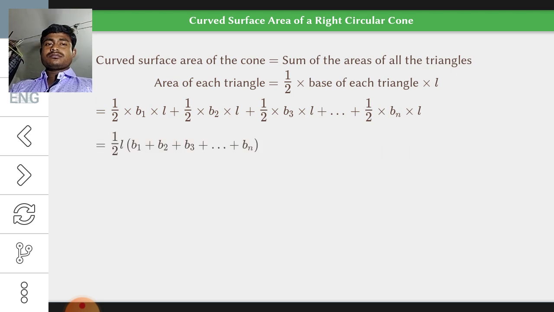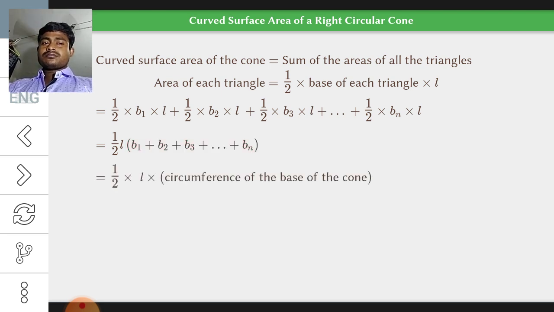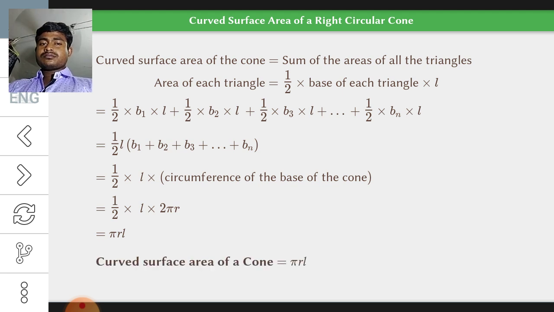On solving further, we get here the sum of all the bases B1 plus B2 plus B3 up to plus Bn equals the circumference of the base of the cone. Thus, the curved surface area of a cone is equal to pi RL, where R is the radius and L is the slant height.